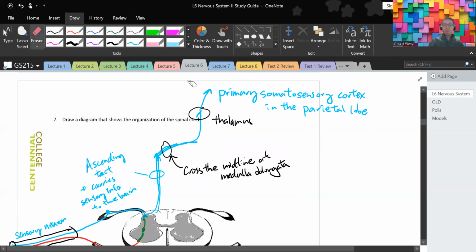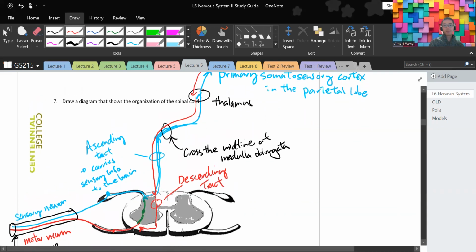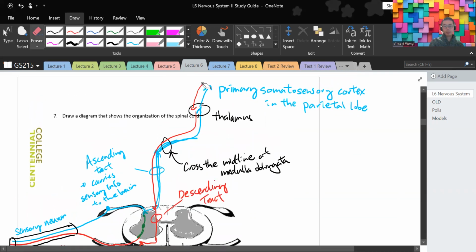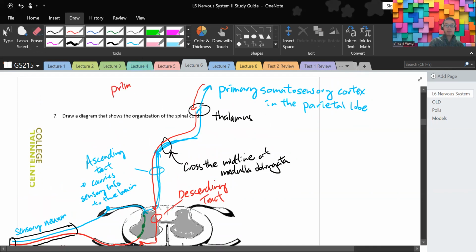Then it will communicate with the primary motor cortex, and then it will just basically come back right down, but this time it's going to come back down from the front before it makes a connection. Okay, so the track that is coming down at the front, that's called the descending track. Okay. And the part that's causing you to do some motor response, that is the primary motor cortex.